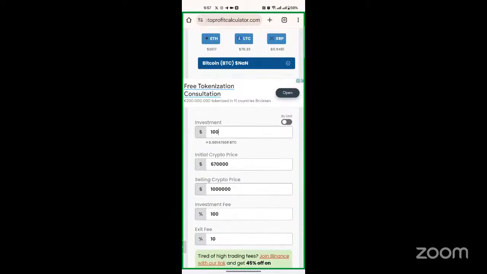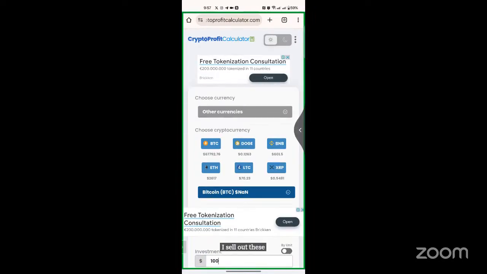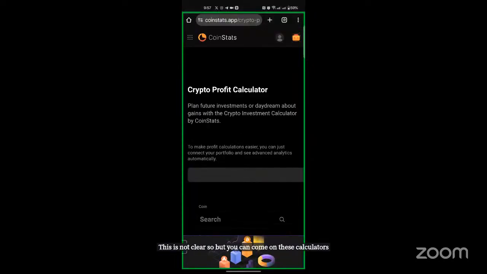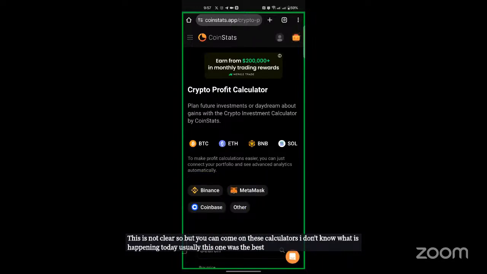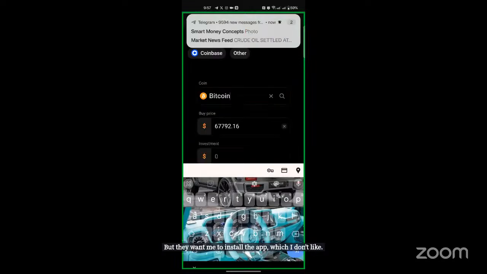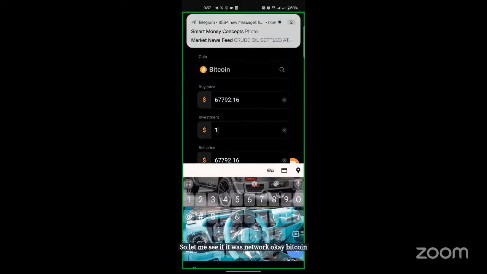Are you okay? I invest the initial price, I sell at this. This is not clear. But you can come on these calculators. I don't know what is happening today. Usually this one was the best, but they want me to install the app, which I don't like. So let me see if it was network. Okay, Bitcoin investment, $100.